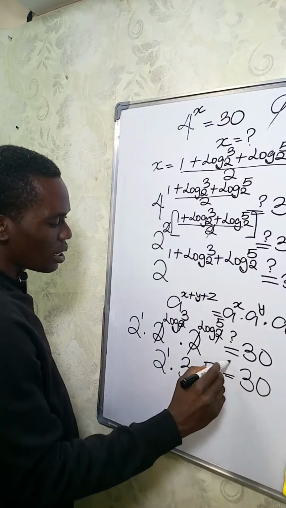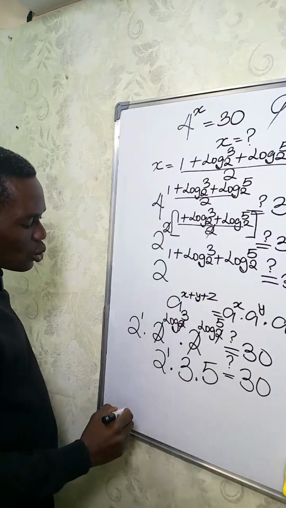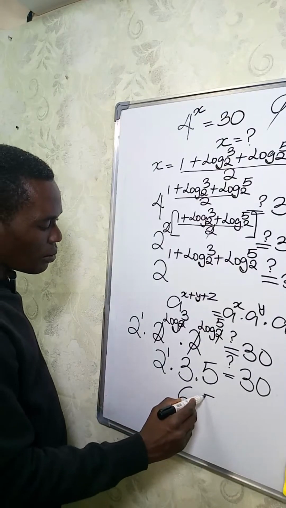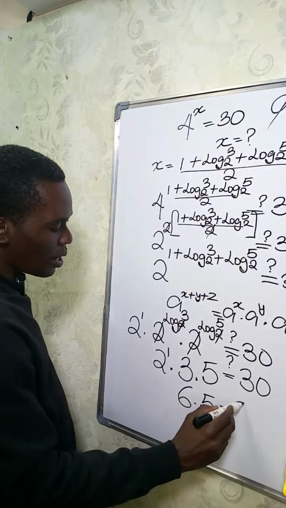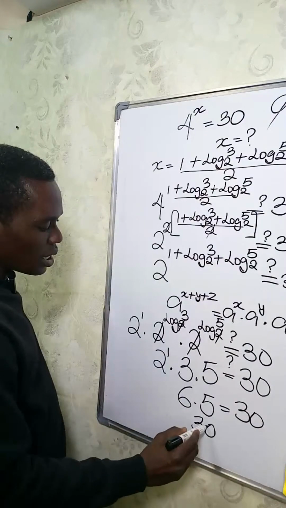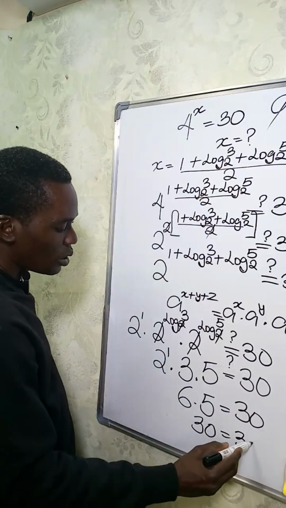Will this give me 30? 2 times 3 is going to give me 6, multiplied by 5. 6 multiplied by 5, will it give me 30? Of course, yes. So 30 is actually equal to 30.